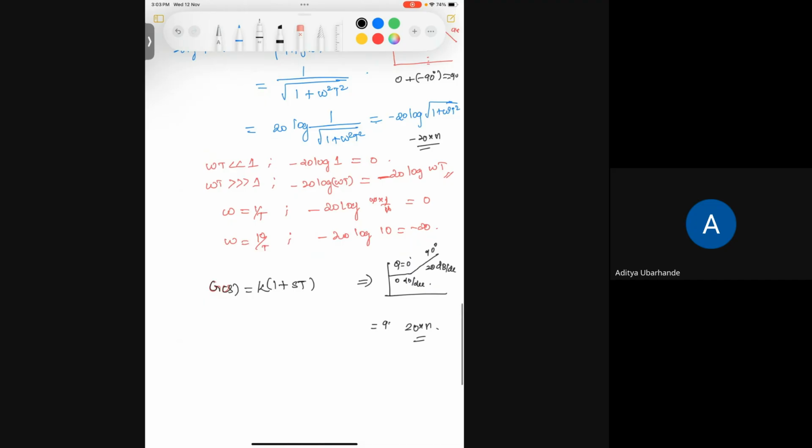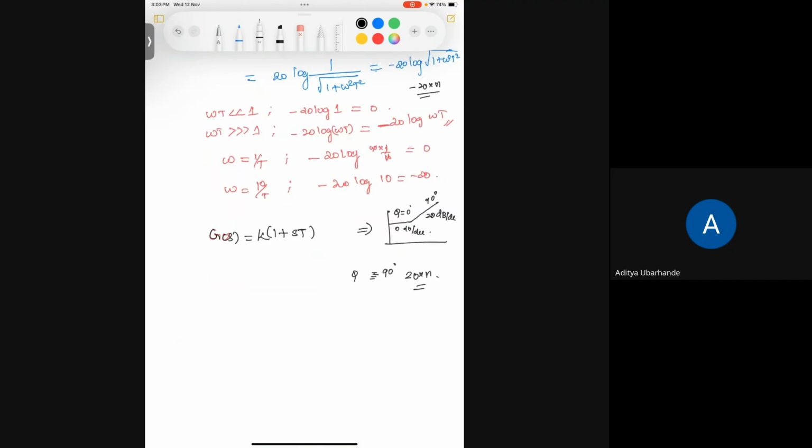Your overall phase would be 90 degree. Overall phase will be minus 90 here, and it is plus 90 here. Okay, we saw most of the common transfer function elements in the Bode plot. Now we'll solve one problem, and I will explain how to solve a Bode plot step by step.